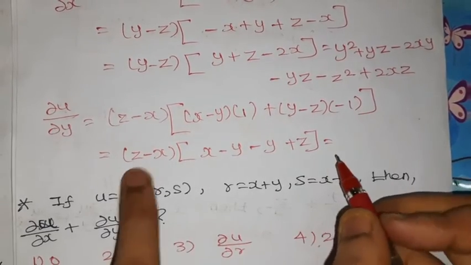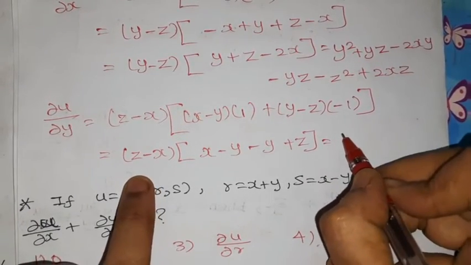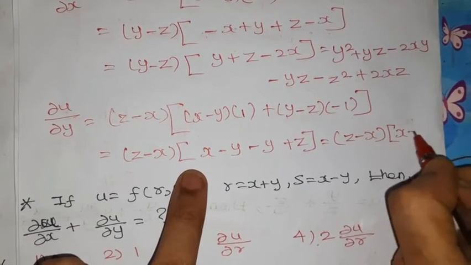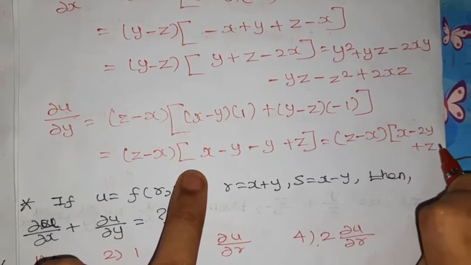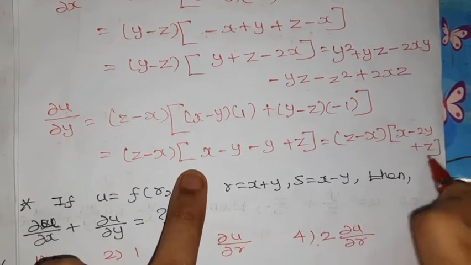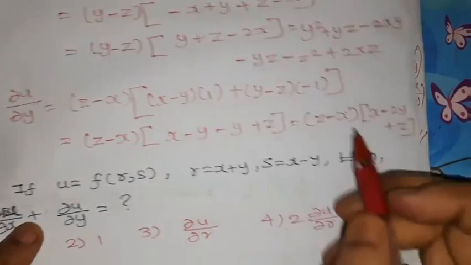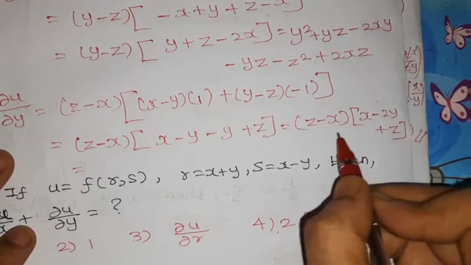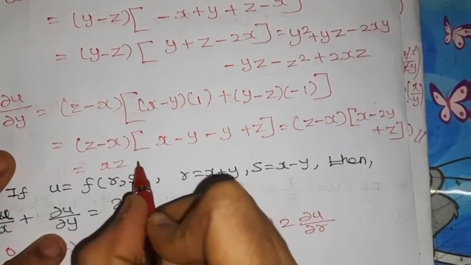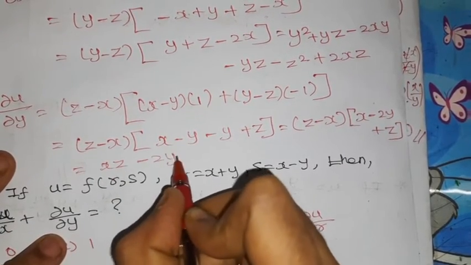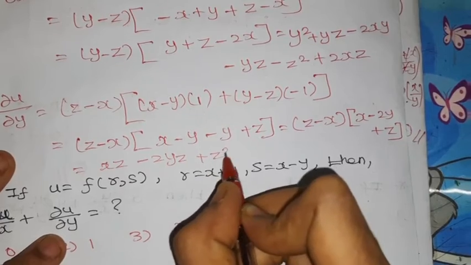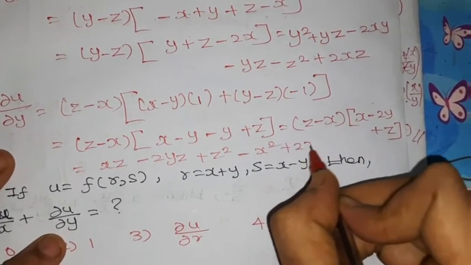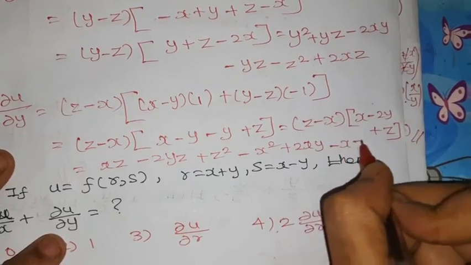Again we need to multiply inside. By simplification, z minus x into x minus 2y plus z. Multiply by z inside, then minus x inside: xz minus 2yz plus z squared, similarly minus x squared plus 2xy minus xz.